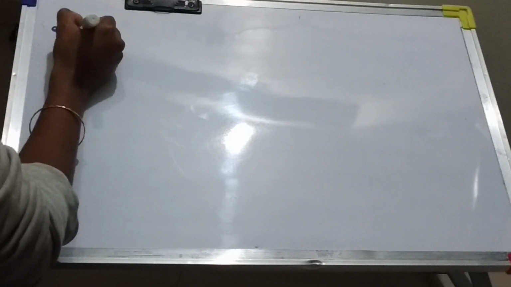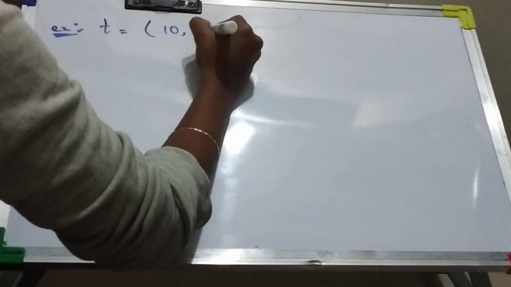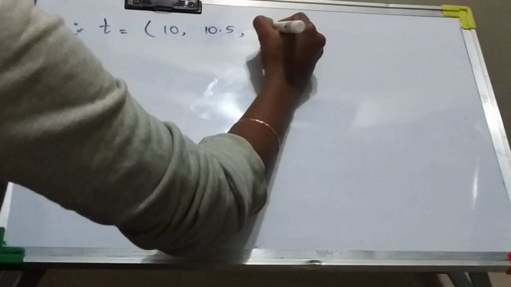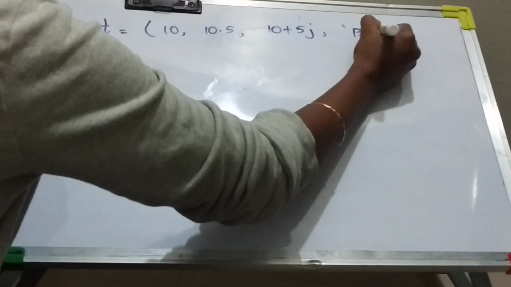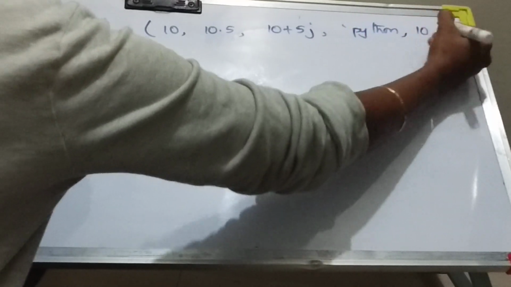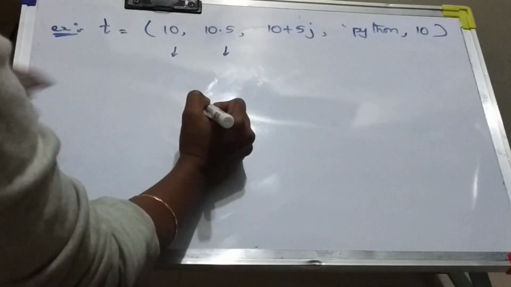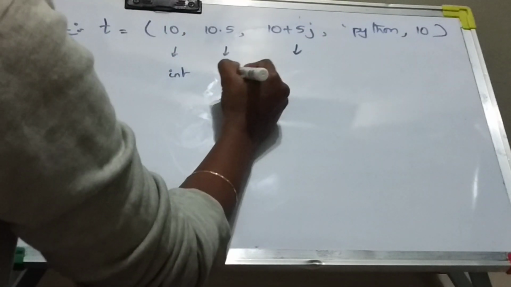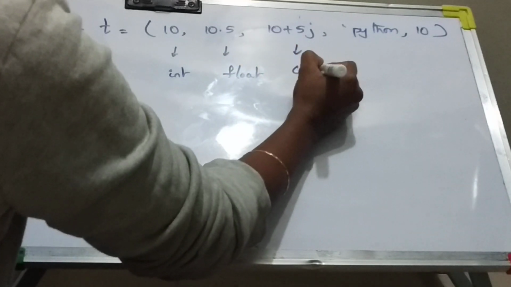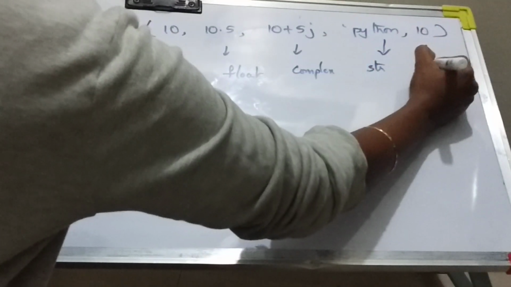Example: T is equal to 10, 10.5, 10 plus 5j, Python, 10. These are different data type values. This is int, this one is float, this is complex, this one is string, and this one is int.